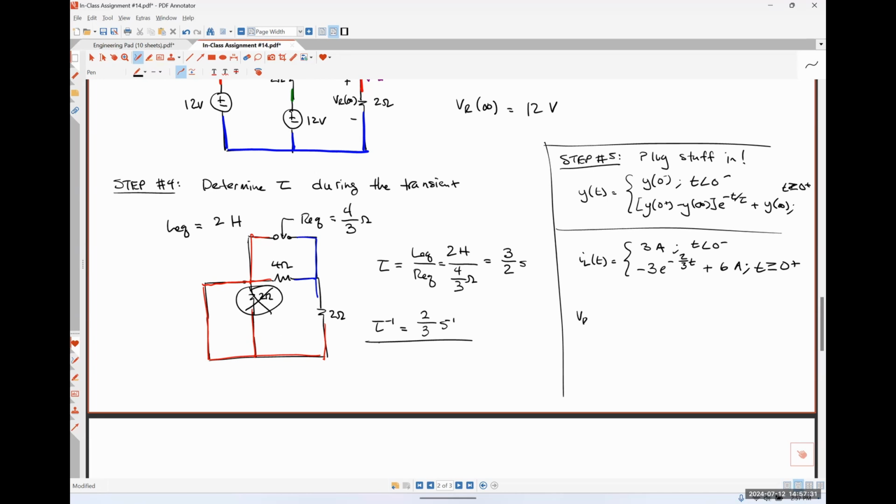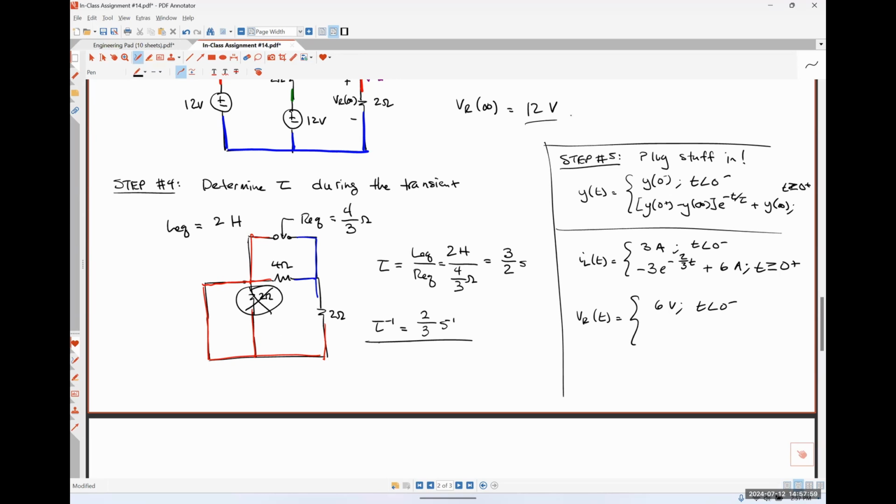And then we have VR of T. So what was VR at 0 minus? 6 volts. What was VR at 0 plus? 8 volts. Okay. So what was VR at infinity?